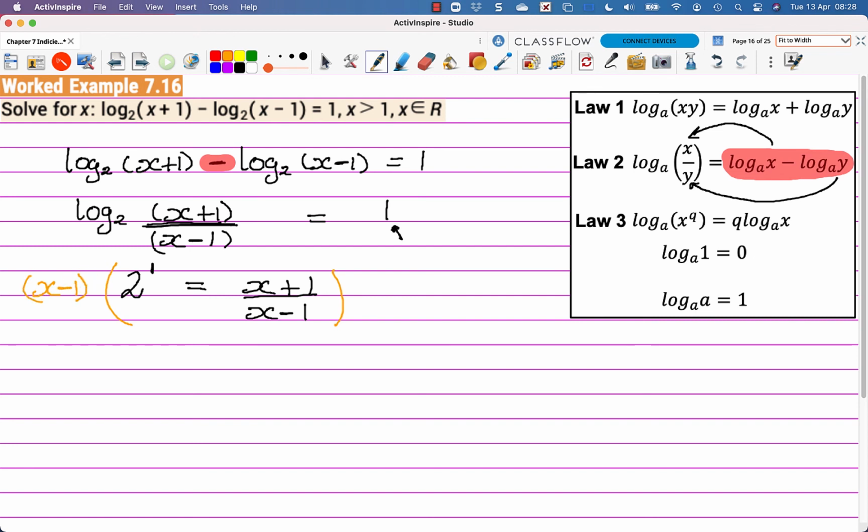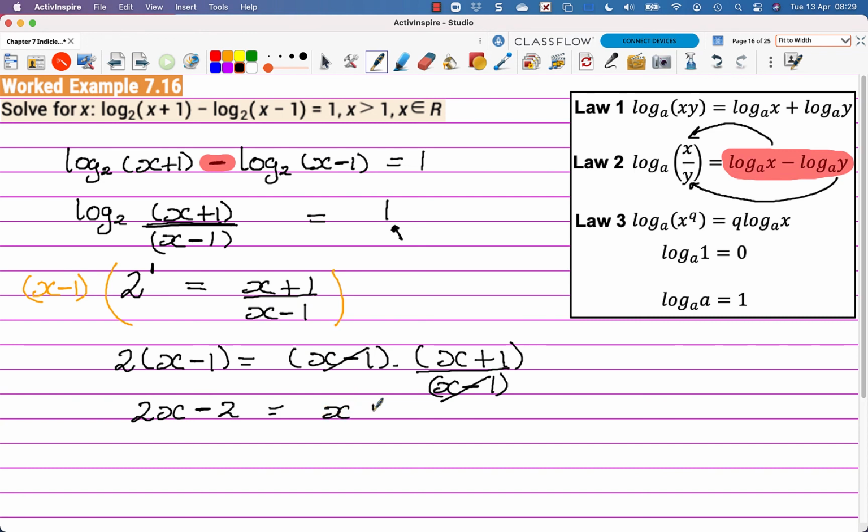When we multiply across, we get 2 times x minus 1 is equal to x plus 1 times x minus 1 all over x minus 1. Then it's going to cancel, and we end up with 2x minus 2 is equal to x plus 1.